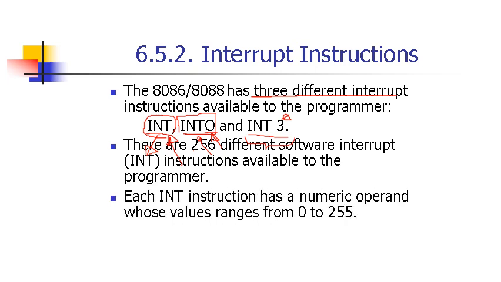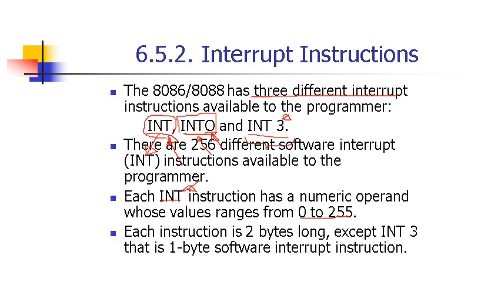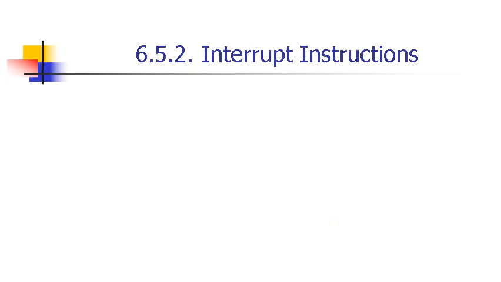Again, you have to follow INT by some interrupt vector number from 0 to 255. Each interrupt instruction is 2 bytes long, except for INT3. INT3 is a 1 byte long interrupt instruction.